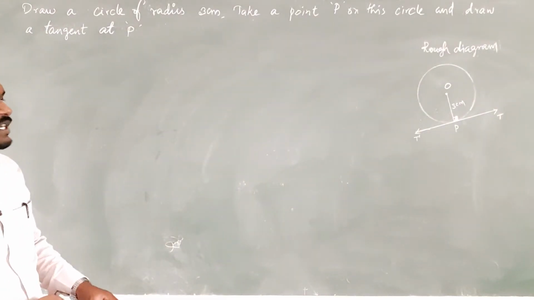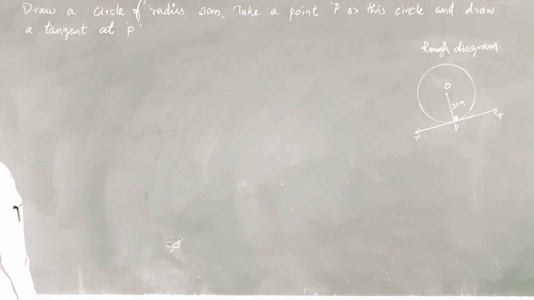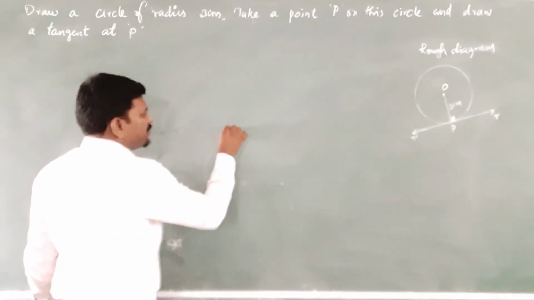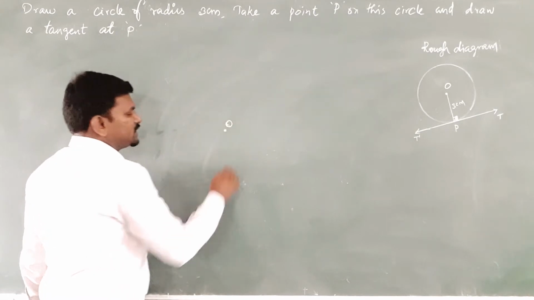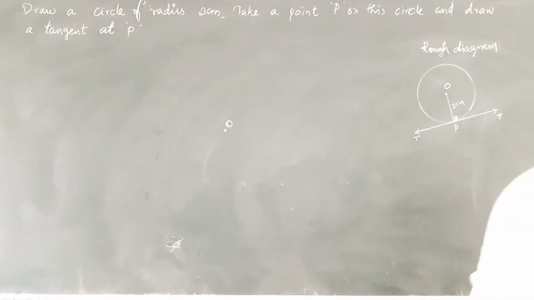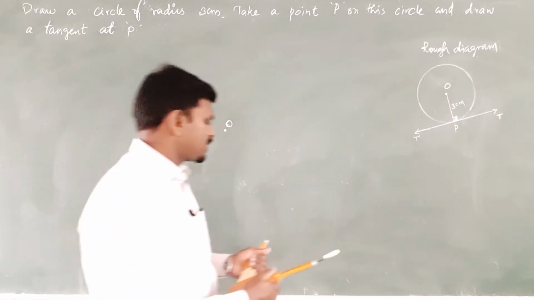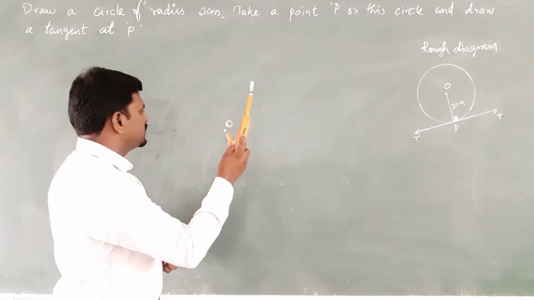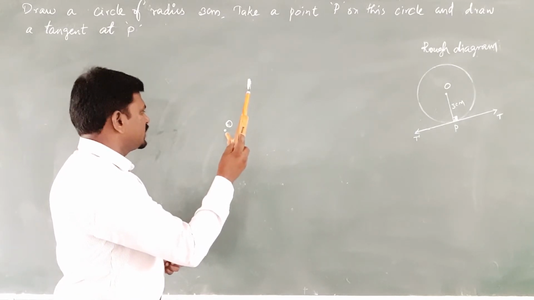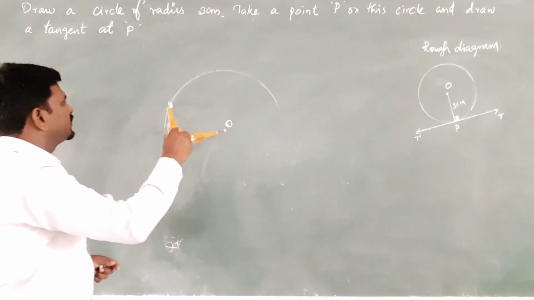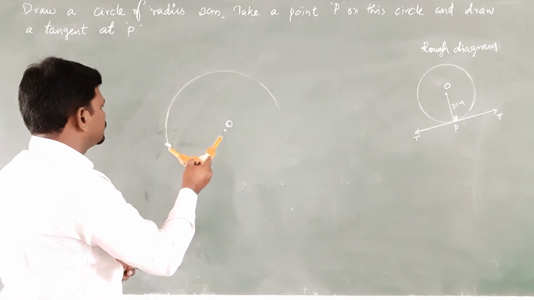First we have to draw a circle of radius 3 centimeter. So first mark a point O. This is the center, the fixed point. Then take 3 centimeter in your compass and draw a circle. Here I have taken 3 centimeter and with O as the center we are drawing a circle.